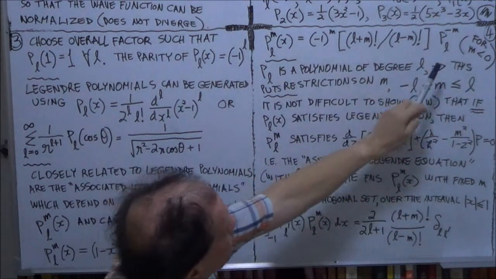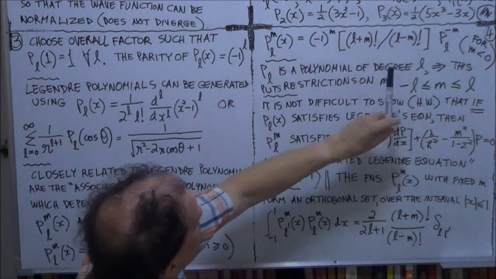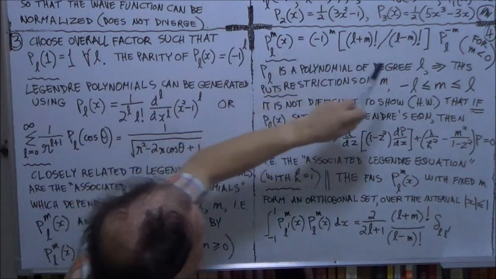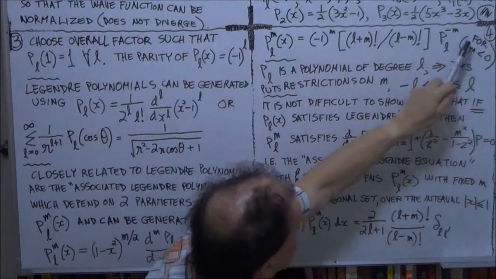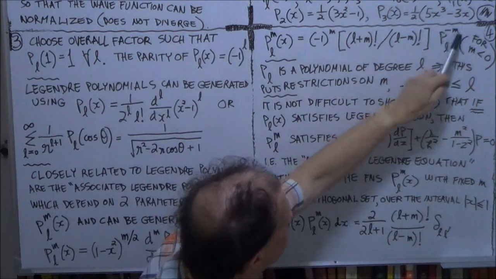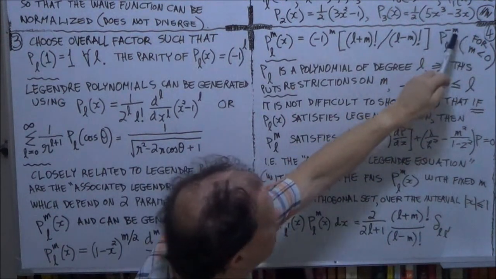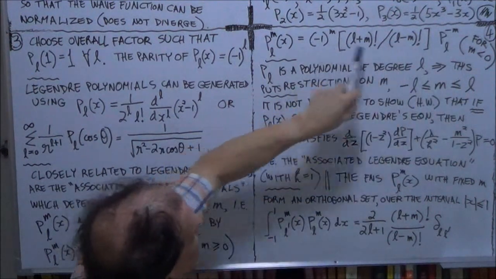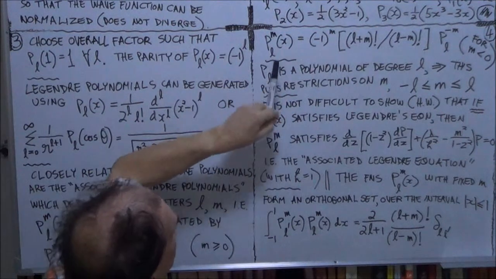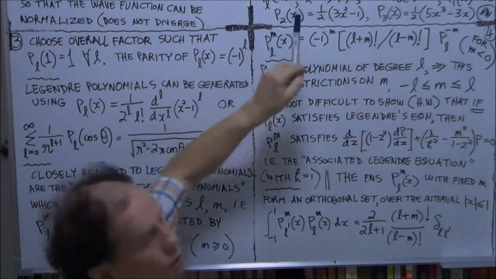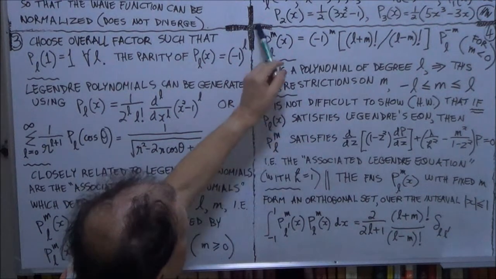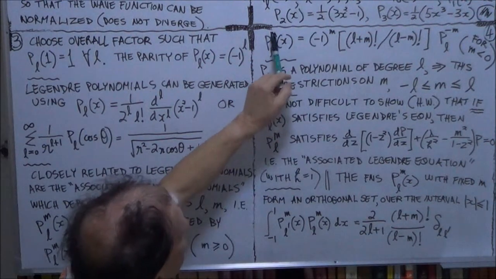Okay, so when m is negative, this would give you your positive. That would then make minus m positive, right? And just multiply it by this term, and that will give you the corresponding value for the associated Legendre polynomial, this, when m is negative.